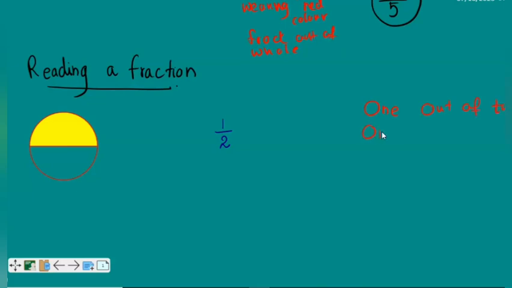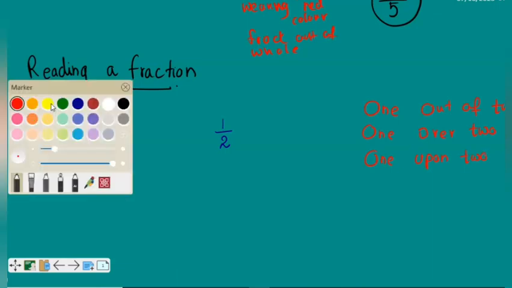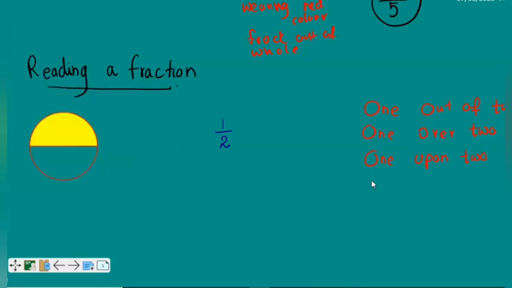This same thing can be read as 1 over 2, or 1 upon 2, or in a special case, this is called half. Okay, it is called the half fraction.